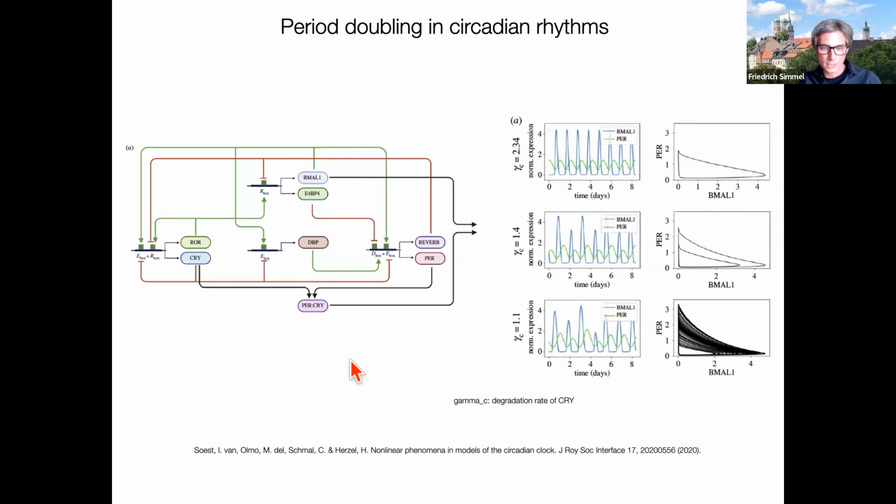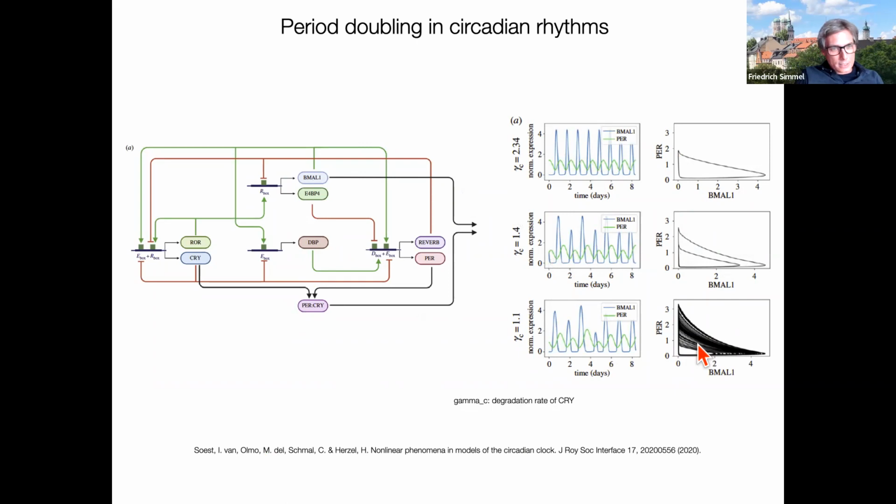I'm not going into the details here. So here's one paper that investigated numerical models of that, and also in this case you can actually see period doubling at one point. That's indicated here. So here would be a normal cycle, and here you suddenly have two cycles, and you can also get chaos at one point.